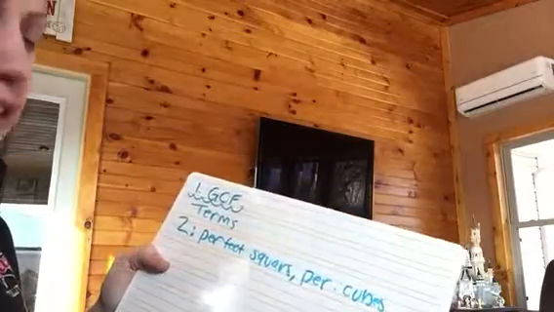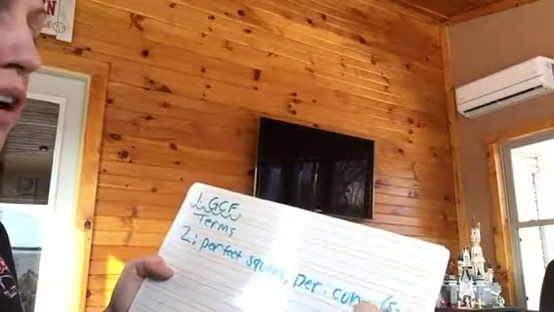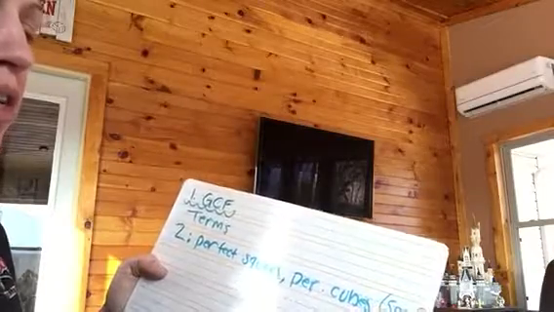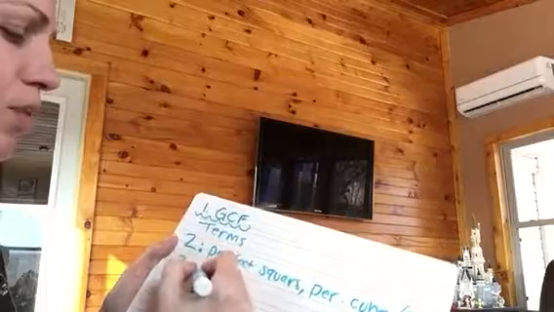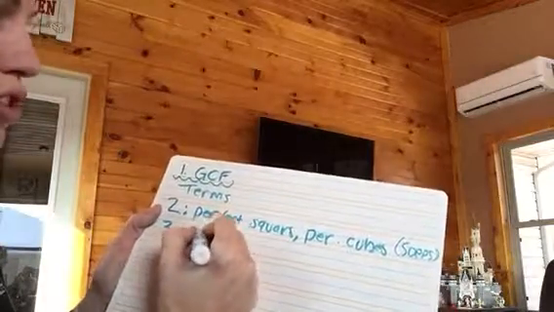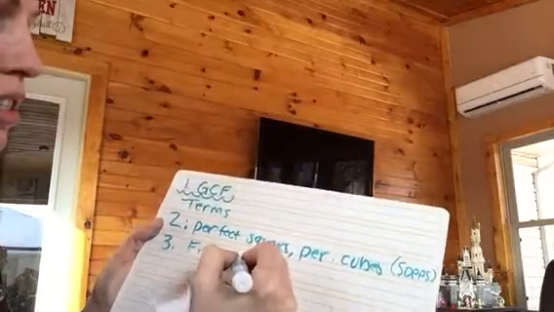If it's perfect cubes, that's when we're going to do our SOPs, which is that acronym for our perfect cubes. If it's 3 terms, then we are going to do first times last.